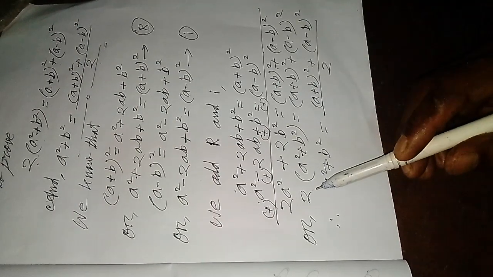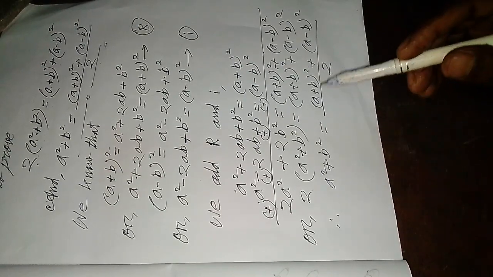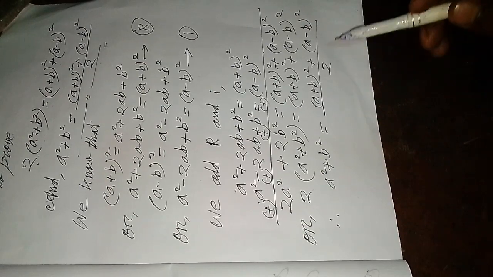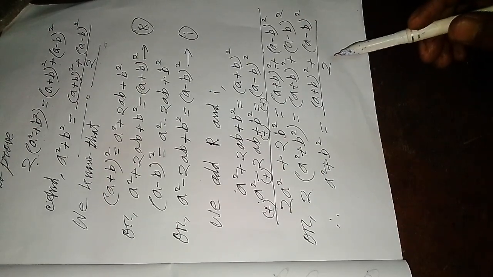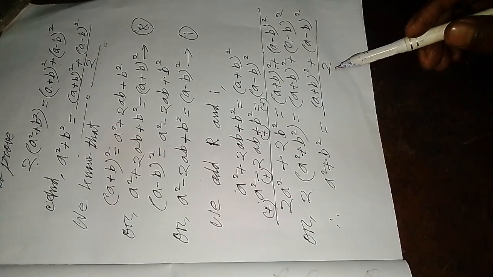When there is a multiplication and we change it to the right side, we get division. It's a common rule.